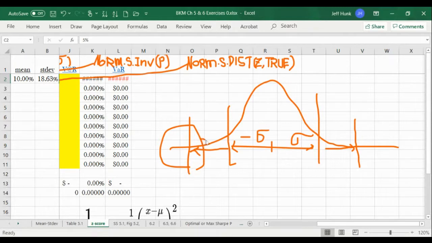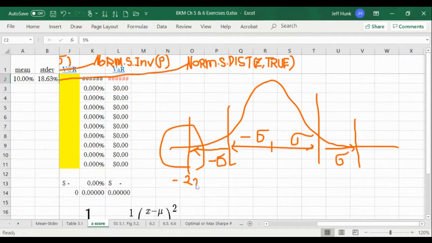Another second standard. Now, this point is two standard deviations.